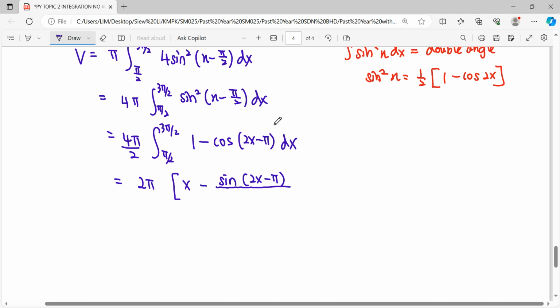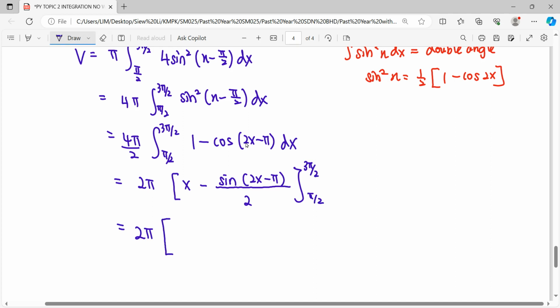And then don't forget its angle: 2x angle is 2, pi is 0. So upper limit 3 pi over 2, lower limit pi over 2.